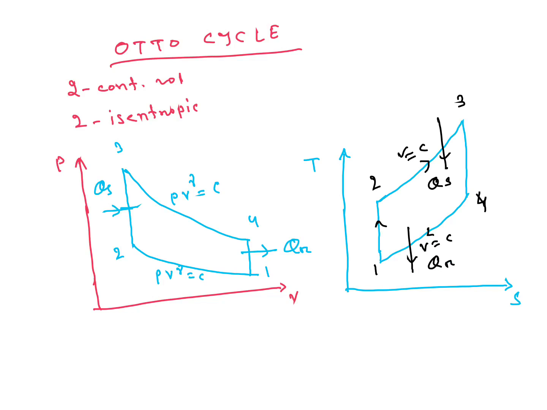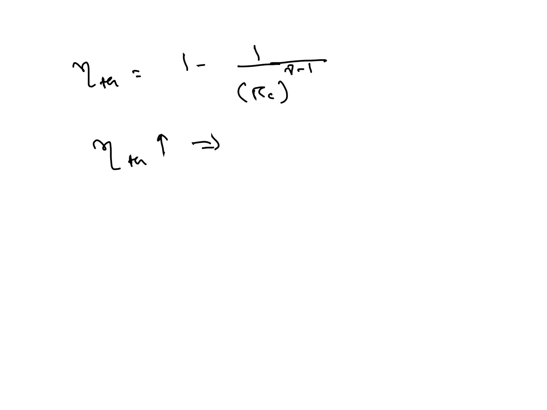And the Otto cycle thermal efficiency is 1 minus 1 by RC, compression ratio, to the power gamma minus 1. Thermal efficiency increases with increase in the value of gamma, and thermal efficiency increases with increase in compression ratio.